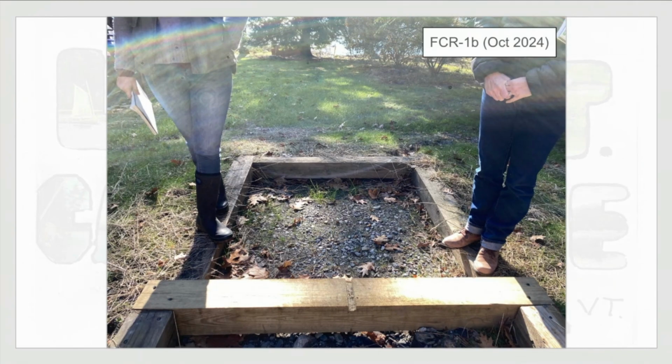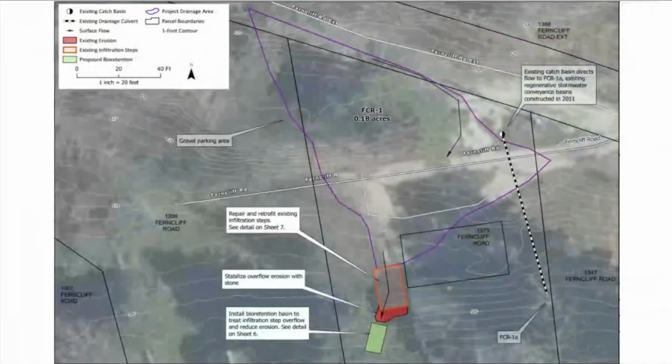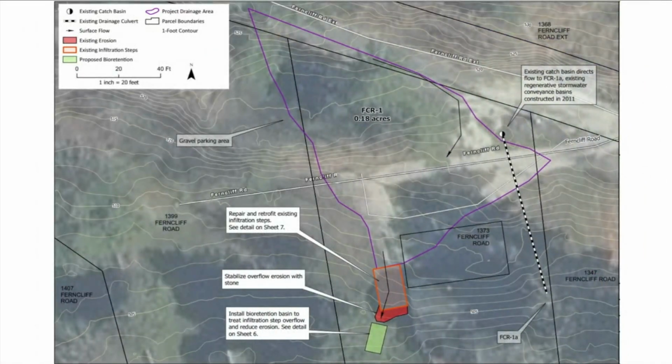In other words, steps that can kind of receive the runoff and get it into the ground below. But I'm not sure if they weren't backfilled. Anyways, in the design, we included some recommendations for how to better backfill these and get them to receive stormwater better.